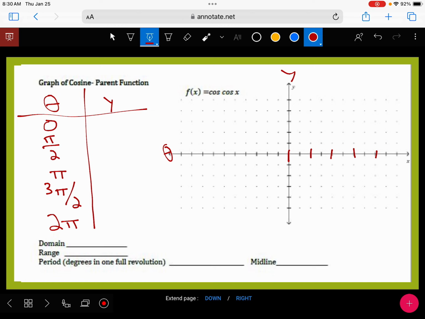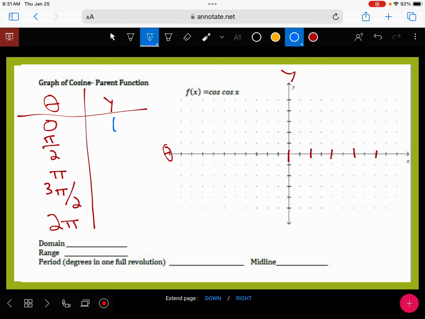And remember, cosine and sine, in some ways they're a little bit opposite. Cosine, like you guys said earlier, cosine of 0 degrees or 0 radians is 1. And we're going to see that graphically, but it starts at the top.